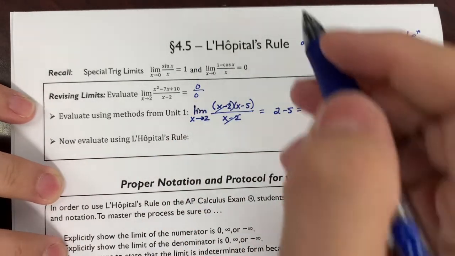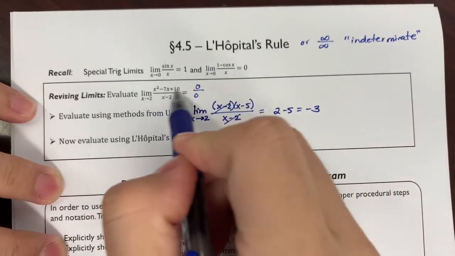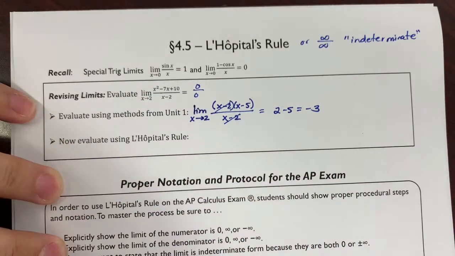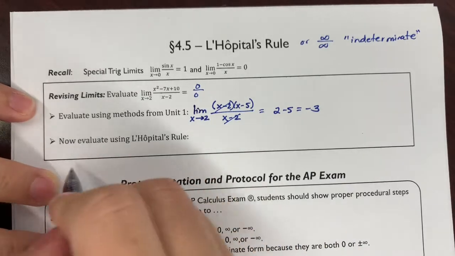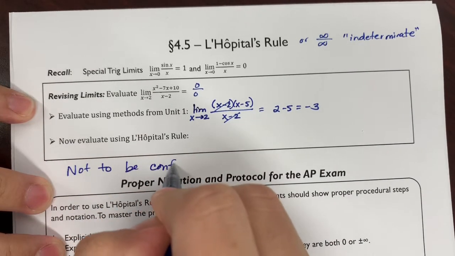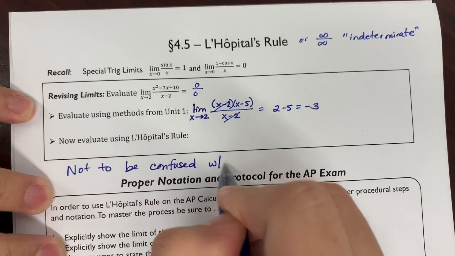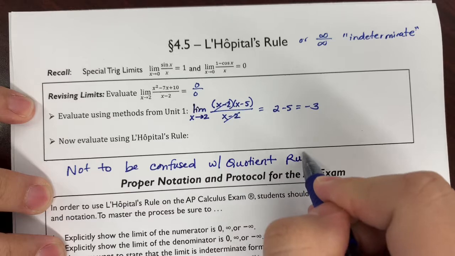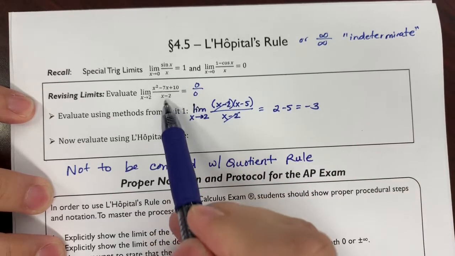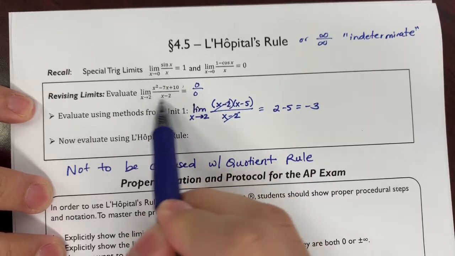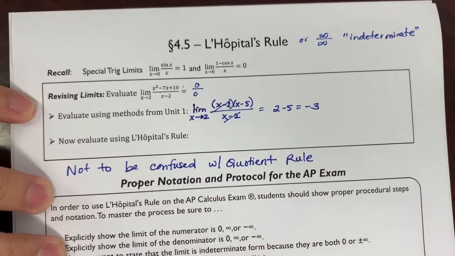Essentially, you take the derivative of the top function and the derivative of the bottom function, not to be confused with the quotient rule. Yes, most of these problems are in the form of a quotient, but you take the derivative of the numerator and the derivative of the denominator and rewrite a new numerator and a new denominator in the form of their derivatives.